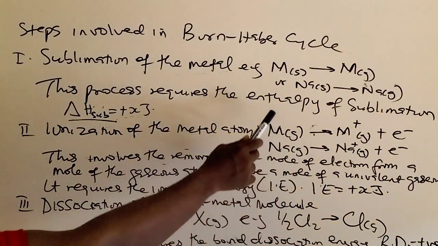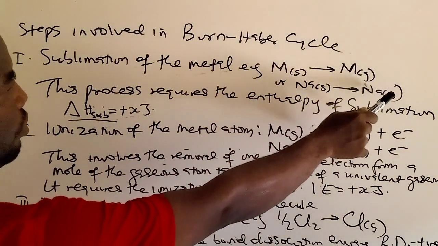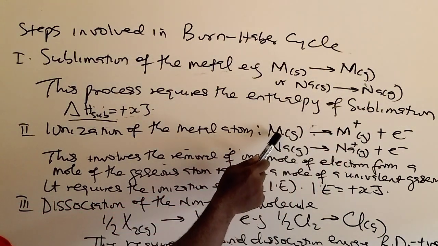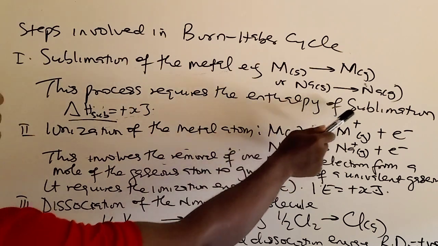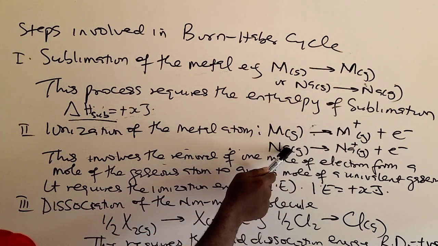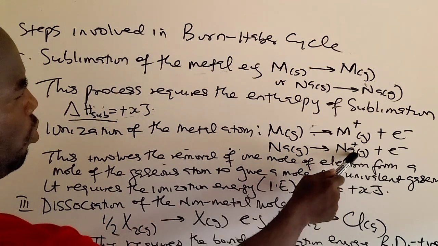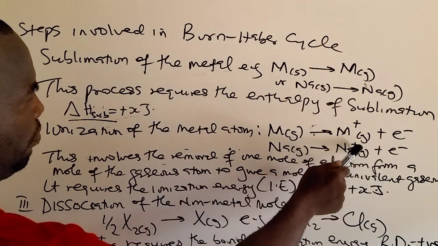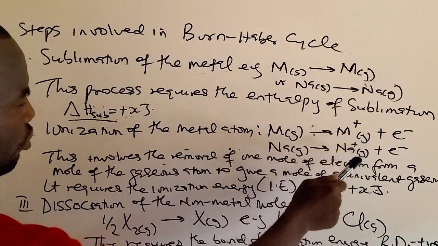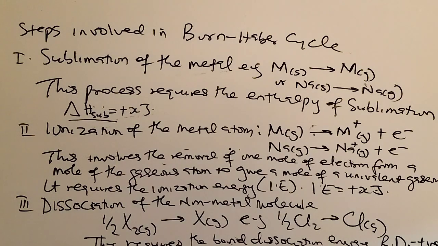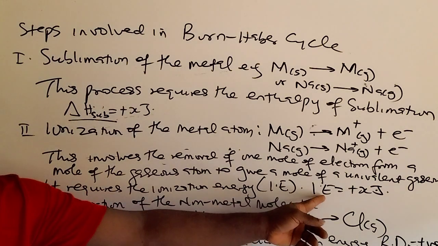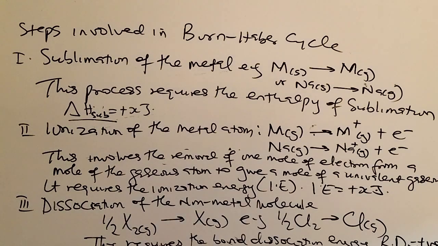So when the metal has been sublimed, the gaseous metal becomes ionized by losing 1 mole of electrons to produce 1 mole of positively charged univalent gaseous ion. The energy required for this process is called the ionization energy, IE. It's also a positive energy.